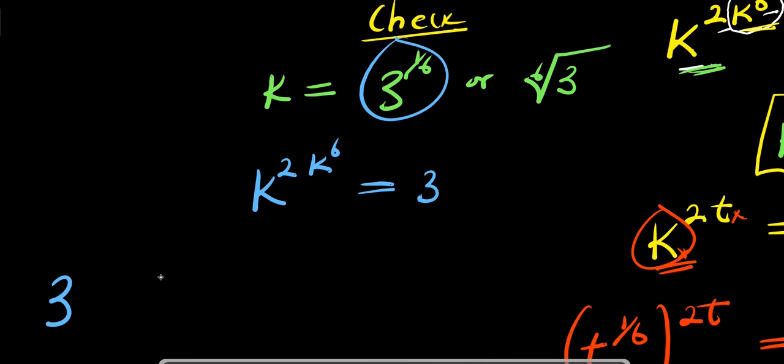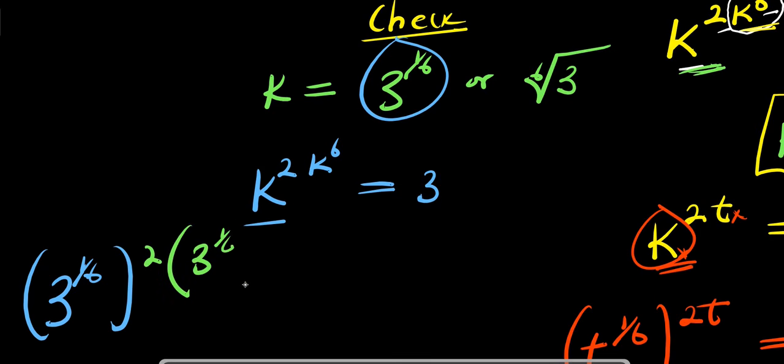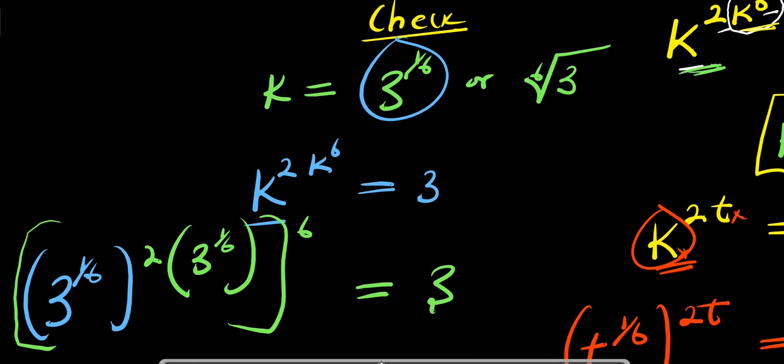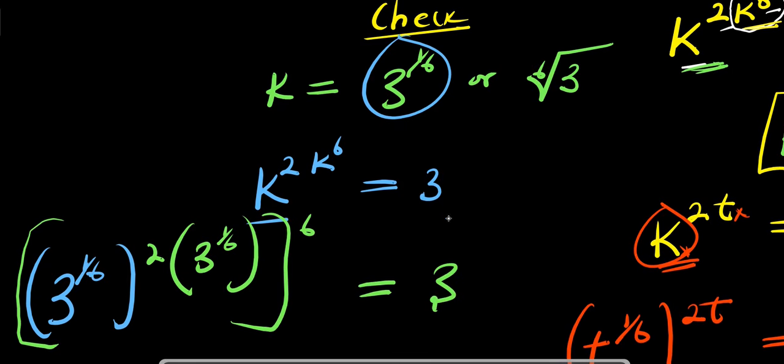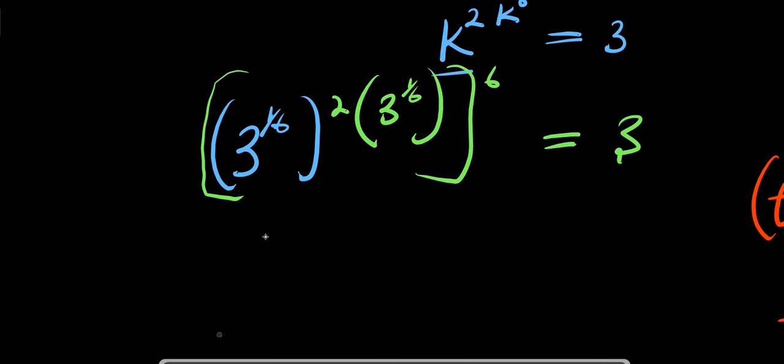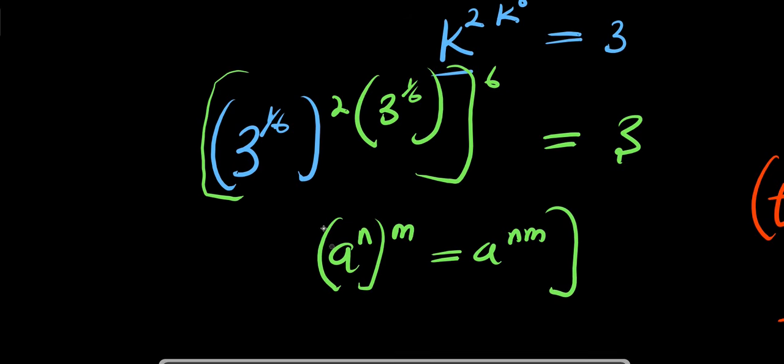We are going to have 3 power 1 over 6, this k, raised to the power of, we have 2 times k again, 3 power 1 over 6, and this is raised to the power of 6, and this equals 3. Right? So from here, we will make use of this identity again. A power n raised to the power of m equals a power n times m. So I multiply this exponent out.